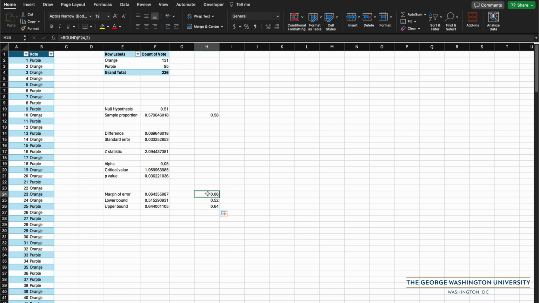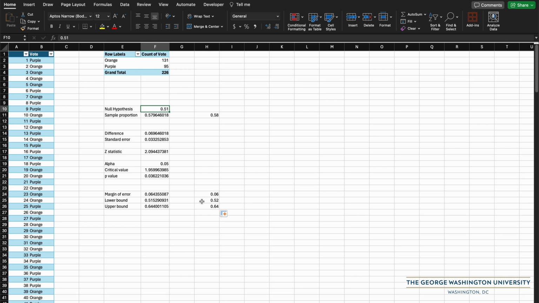And you have heard this on the news before, saying that we're projecting a 58% vote for orange with a margin of error of 6%. So we are thinking that the voting for this orange party is going to be between 0.52 or 52% and 64%. And look at that, our null hypothesis value is not within these margins. So once again, that supports our rejection of the null hypothesis.